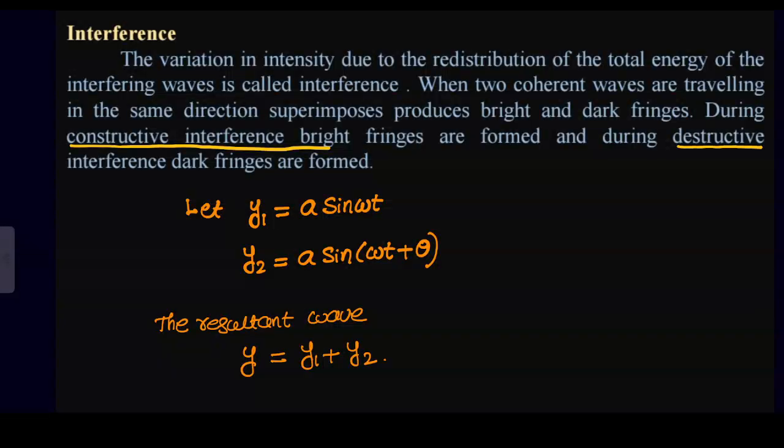Now we will talk about the resultant wave analysis. The resultant wave also has some amplitude. Here these are the amplitudes of the waves, and the phase difference between these two waves is theta. Now we see the resultant of these two waves, called the resultant amplitude.